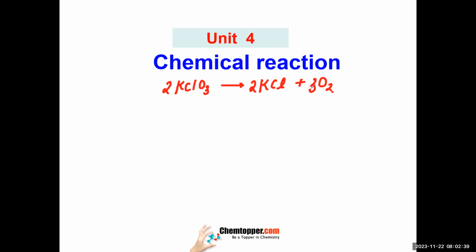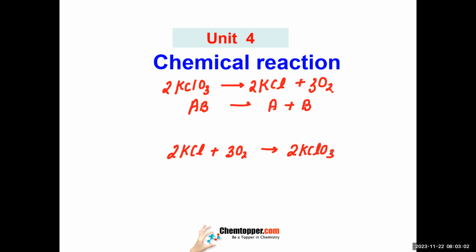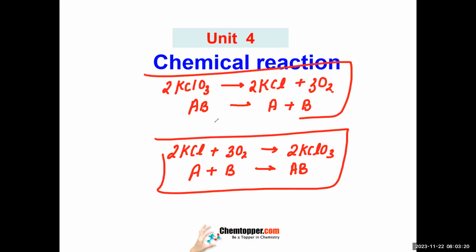Naisha, it is decomposition. One reactant giving you two products, decomposition. But if I write down this reaction in the reverse manner, what is it? Synthesis. So, do you agree that decomposition and synthesis are reverse of each other? See, this is synthesis. This is decomposition.